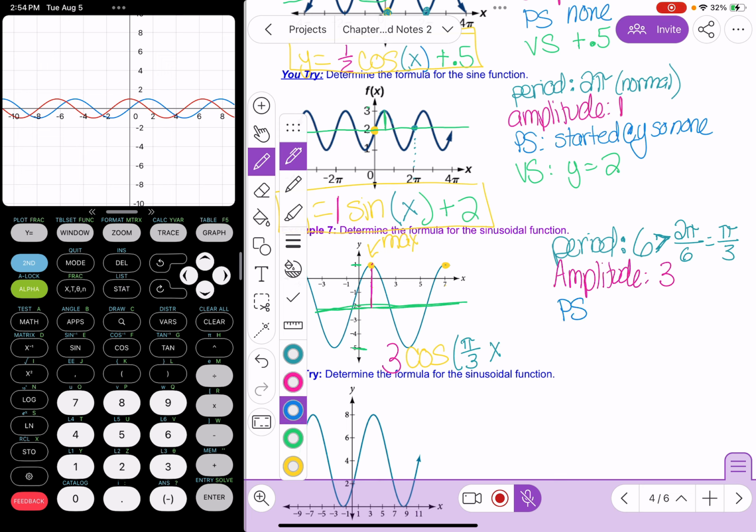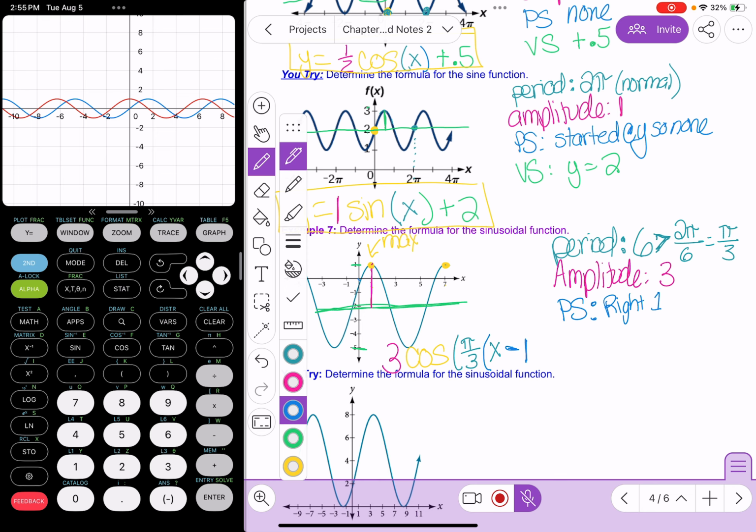Now we're going to do our phase shift. So instead of starting at 0, we went right 1. So instead of right, we put -1.